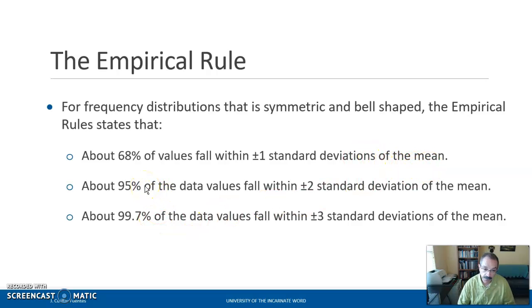And 95% of the data values fall within plus or minus 2 standard deviations of the mean. And 99.7% of the data values fall within plus or minus 3 standard deviations of the mean.